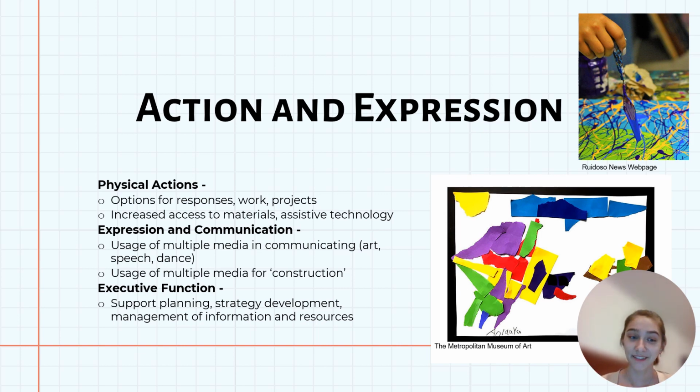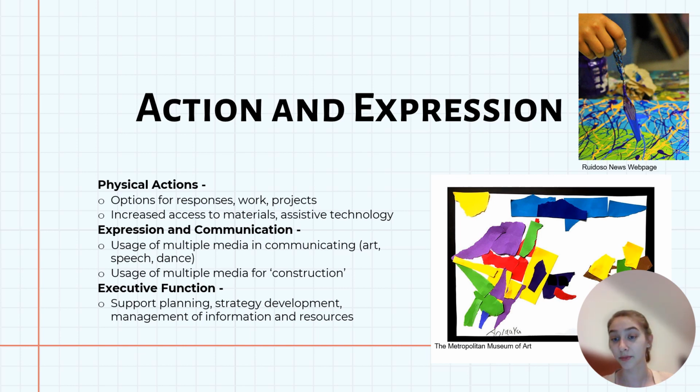The executive functioning, support planning, include strategy development with students and try to make them understand processes doing different things, and definitely just manage the information and the resources, make sure that everything's nicely organized and easy to access for all students. Also use multiple medias for construction.